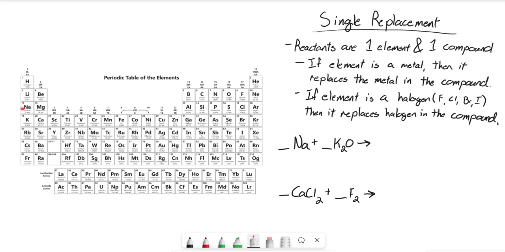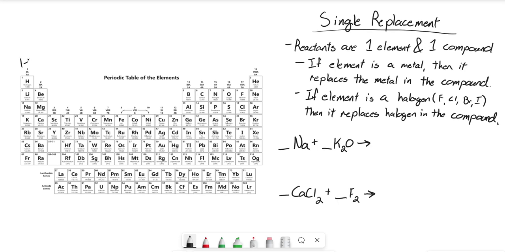So what that means is that sodium can swoop in here and kick potassium out. Where sodium is currently by itself and potassium is bonded to the oxygen, the opposite should be true on the product side. So what I recommend doing whenever you're writing these products is to again consider the ions in question.